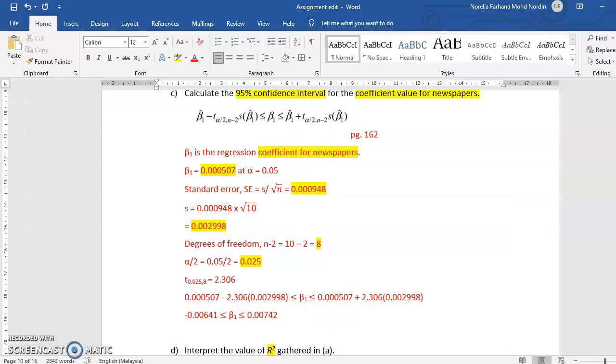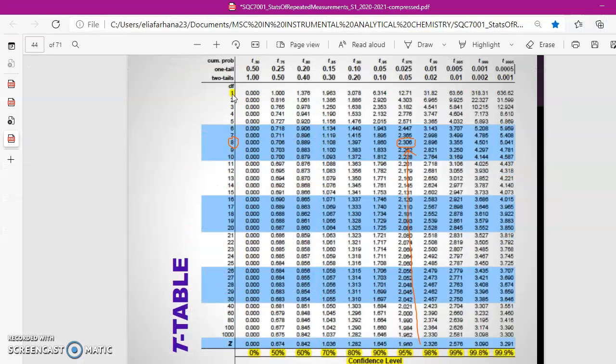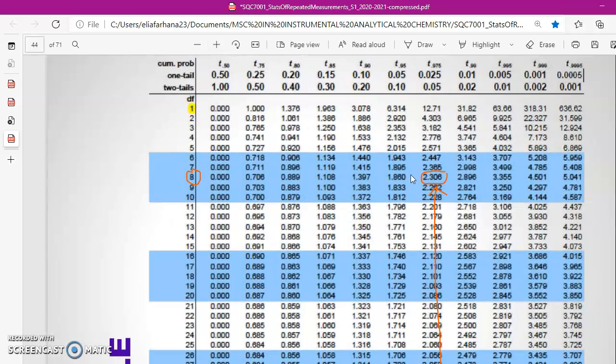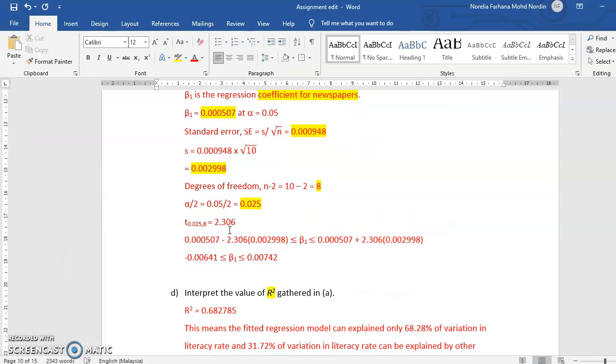Degree of freedom is 8. So from T table, degree of freedom is 8. Confidence level is 95%. So daripada bawah pergi ke atas. And then kiri ke kanan. Midpoint dia ialah 2.306. This is the critical value at 8 degree of freedom. 2.306.